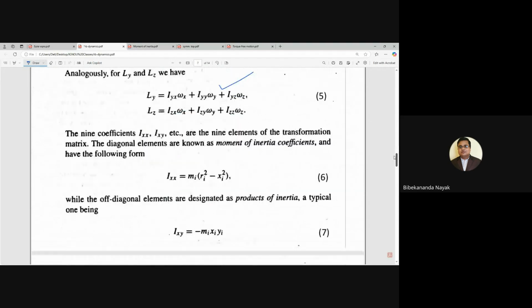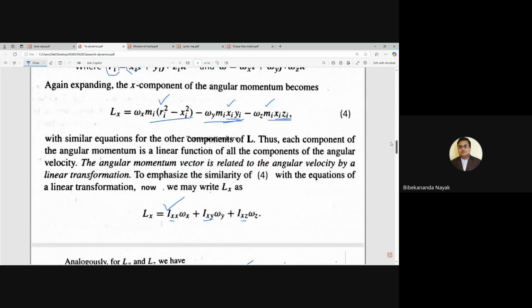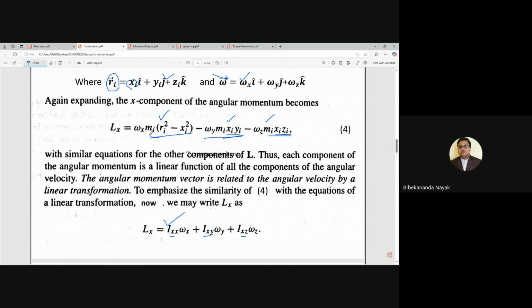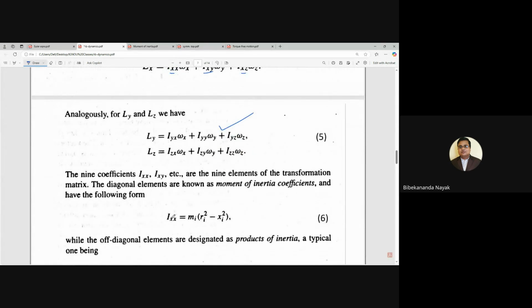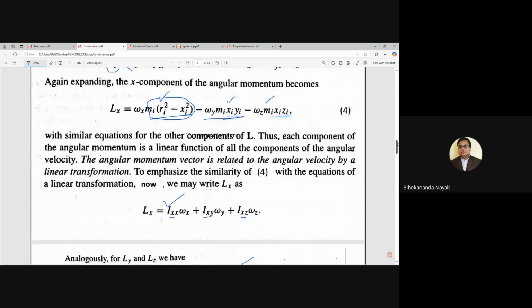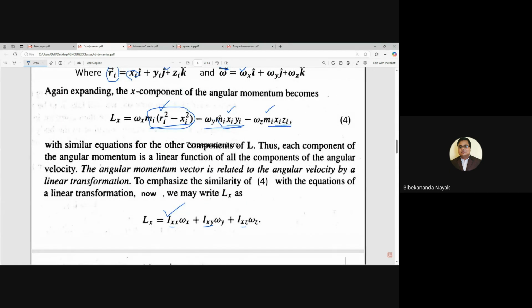Now what is the form of Ixx? Ixx is nothing but this one: mi whole into ri square minus xi square. So Iyy is mi whole into ri square minus yi square. Izz is mi into ri square minus zi square. Okay. Then the xy term is this: minus mi xi yi.